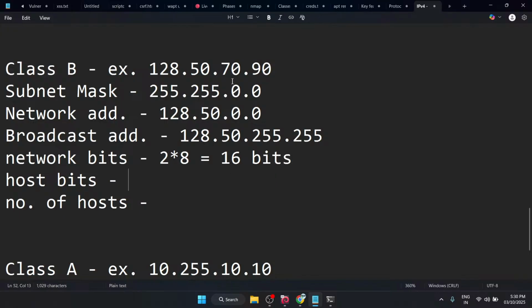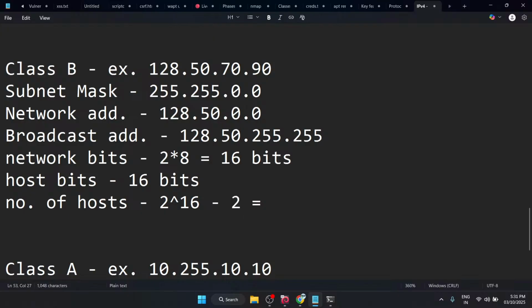Host bits, they are also going to be 16 because here also there are two octets representing the host portion. Two octets for the network portion, two octets for the host portion. So here also 16 bits. Now number of hosts, how many? Again, 2 to the power number of host bits, that is 2^16 minus 2.